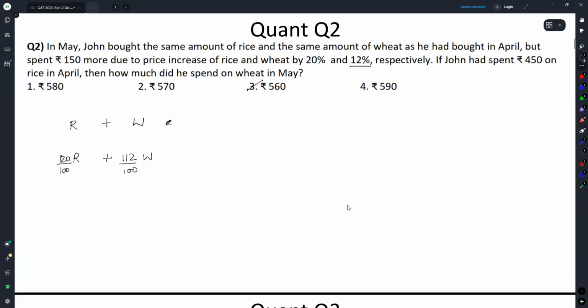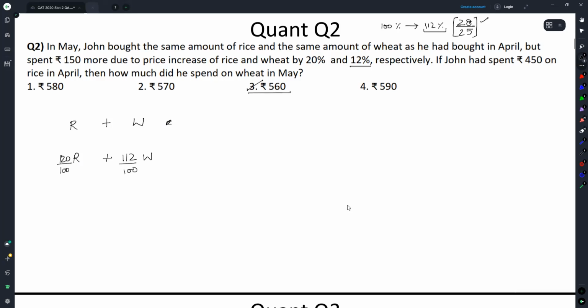From the 12% increase we can see that if you go from 100% to 112%, this is as good as 28 by 25. So whatever price you end up getting has to be a multiple of 28. Among these options, only this one can work, and there is no scope for any other.